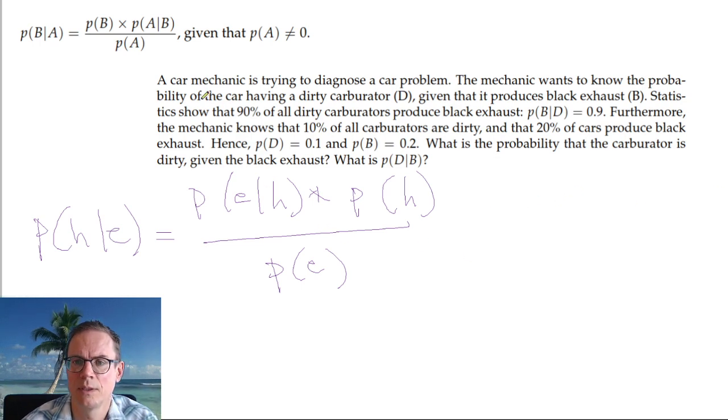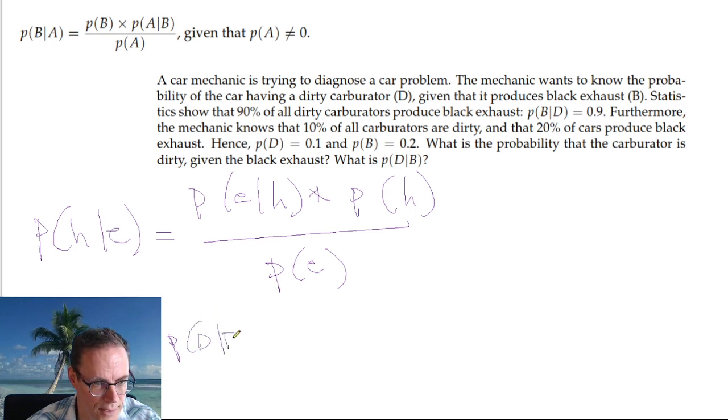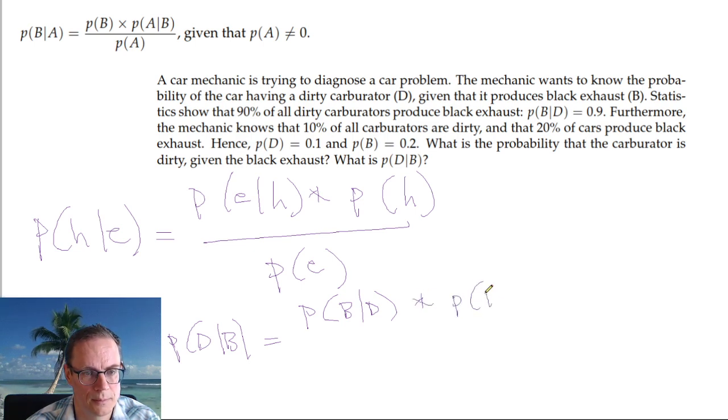The question is about a car mechanic. The likelihood of a dirty carburetor, given that it produces black exhaust. Okay, so we want to know P of dirty carburetor, D, given that it produces black exhaust. Well, we can calculate it based on the likelihood of black exhaust given a dirty carburetor times the likelihood of a dirty carburetor divided by the likelihood of black exhaust.